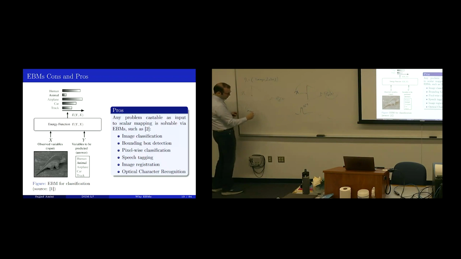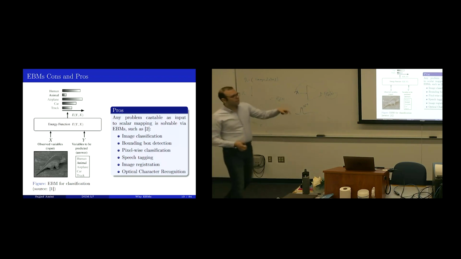I calculate the p theta of the image with label number 1, calculate it with label number 2, until the end, and each of them is a probability. Then based on the value of these probabilities, I can decide which label is the best label corresponding to the image. So I can do image classification easily using the formulation of an EBM.